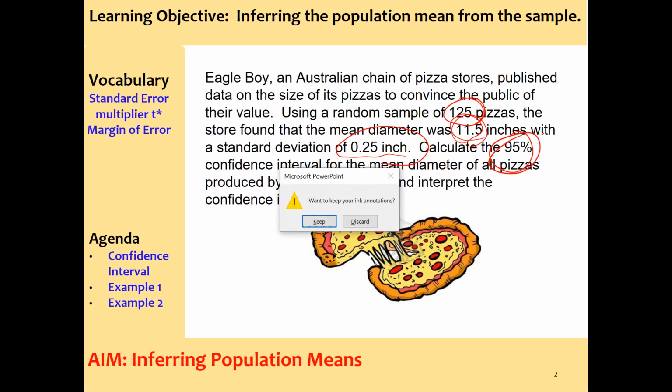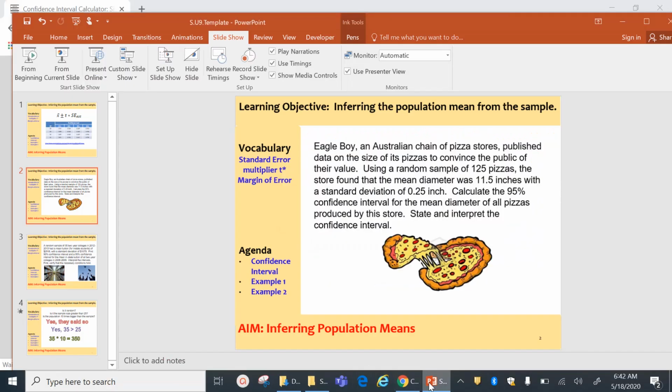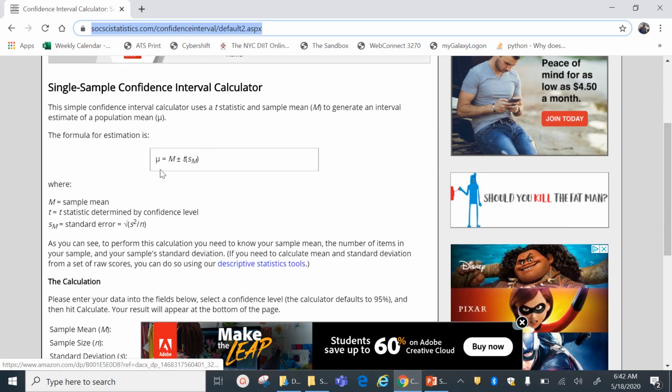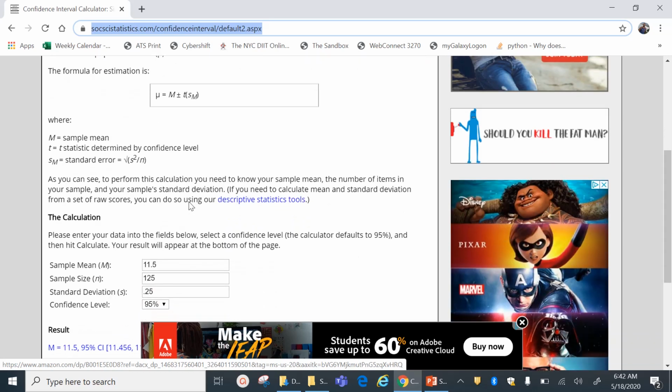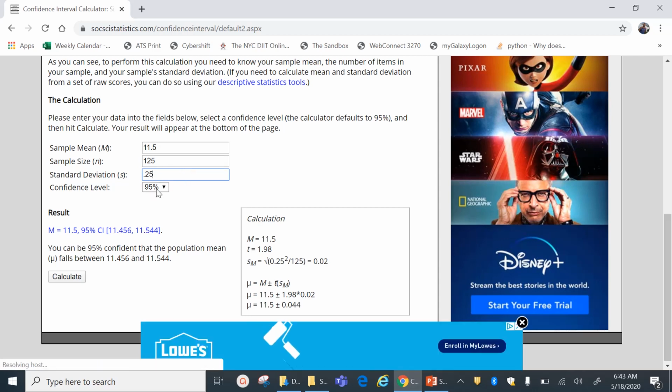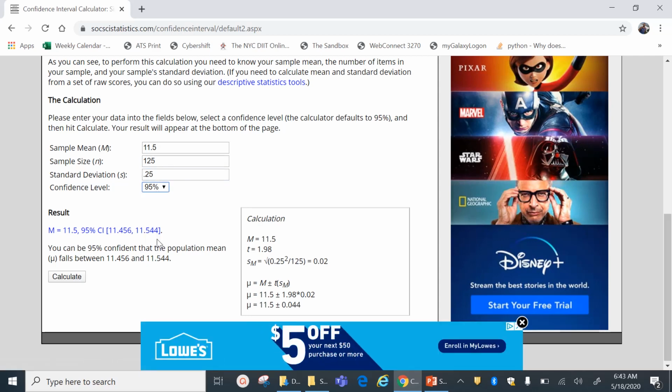So I'm going to go to my calculator. And when you go to the calculator, you'll see this at first, reminding you how we find the confidence interval and all that stuff. You don't really need to worry about that because the calculator will do it for you. So you put in 11.5 as your mean, 125 as your sample size, your standard deviation is 0.25, and your confidence level is 95.